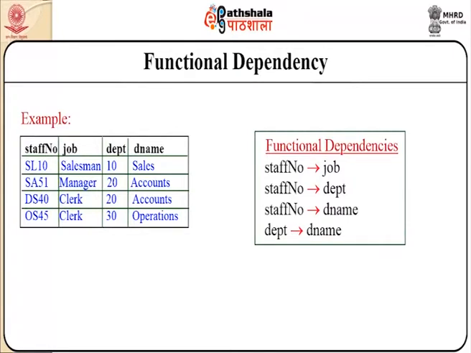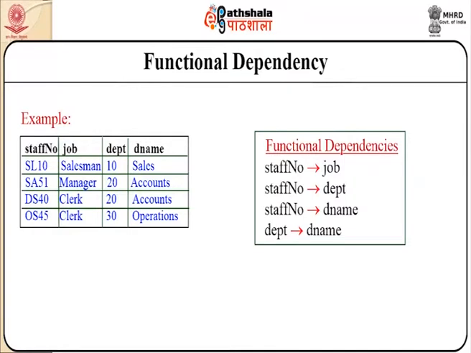Staff number determines department, or department is functionally dependent on staff number. Staff number determines department name, and we could say department name is functionally dependent on staff number. This is primarily because staff number is assigned as the primary key.